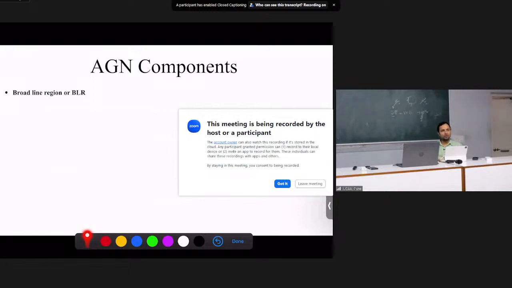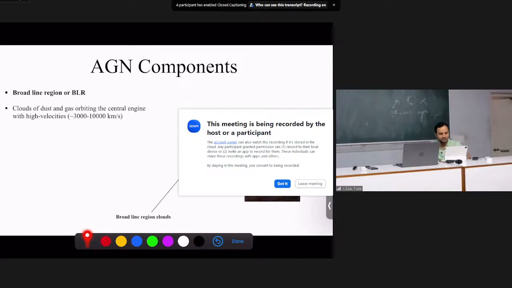Then I am going to talk about the lines that we were observing in the first case, emission lines. So there is something called the broad line region. What is it? People have proposed there are clouds of dust and gas. You remember in the video? Some dusty patches of clouds were orbiting around the black hole, and their orbital velocity is about 3000 to 10,000 kilometers per second.